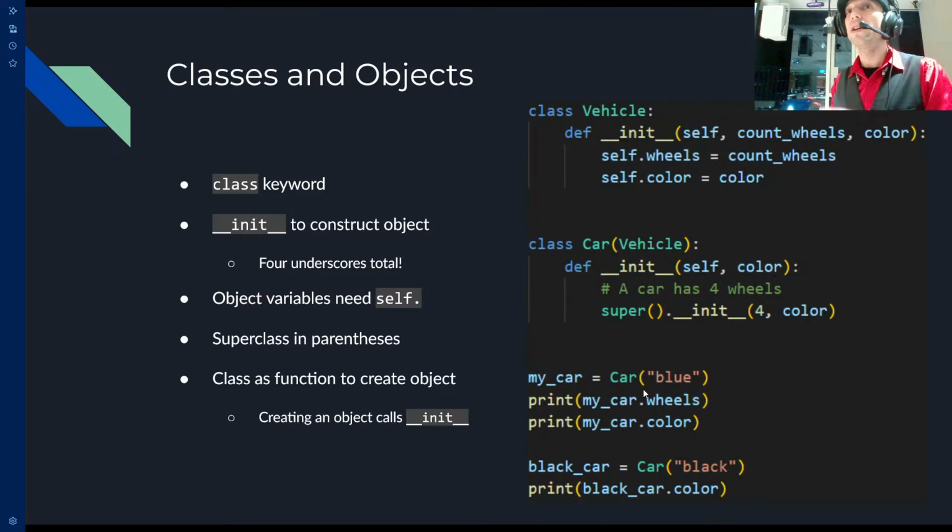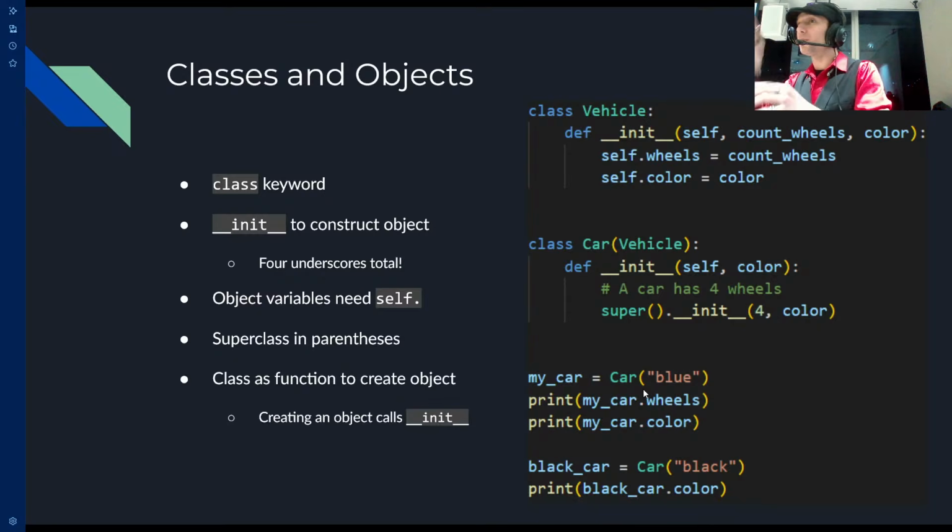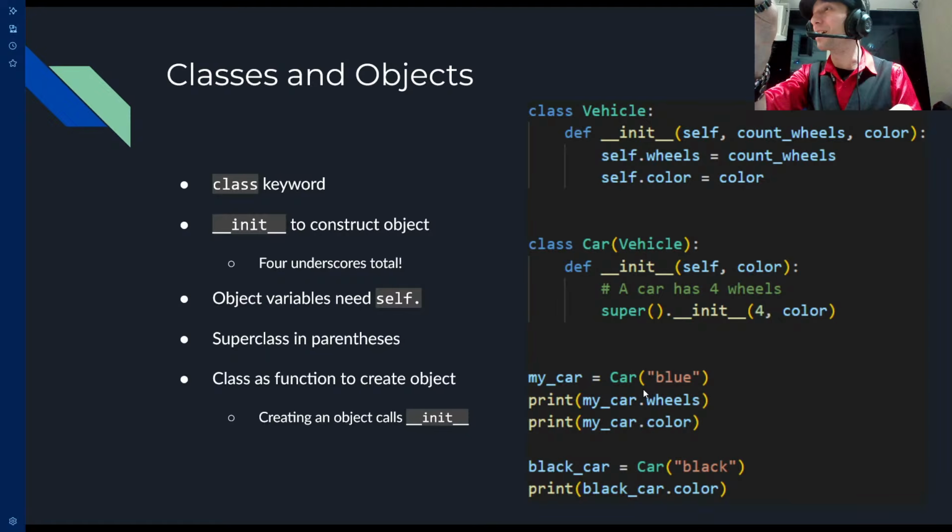So for example, when we did the plus, first number plus second number, surprise, that's actually a function. There's a magic function called underscore underscore add, I forget exactly. And when you use the plus symbol, it actually calls that magic function on the first object.